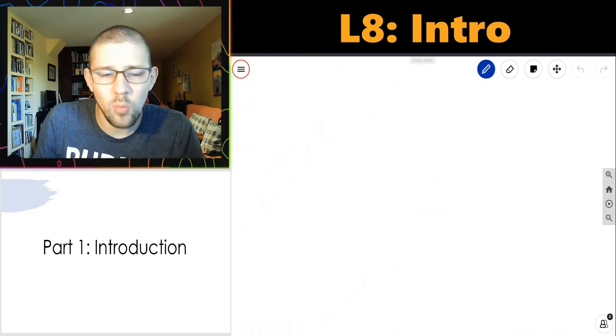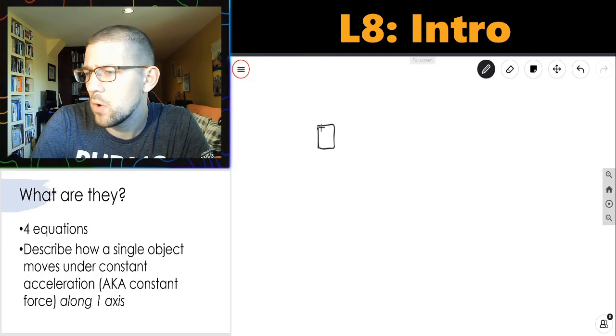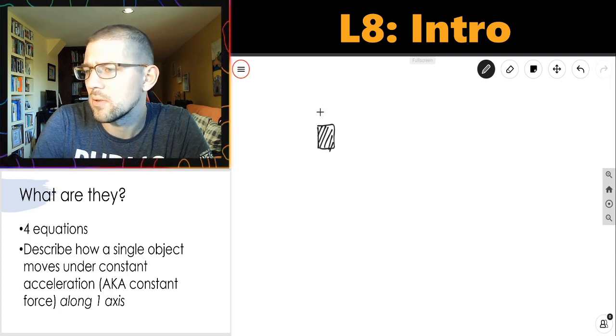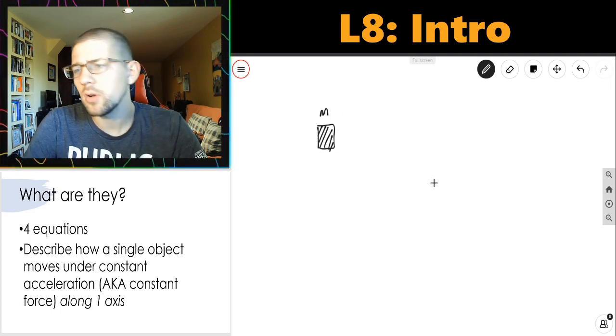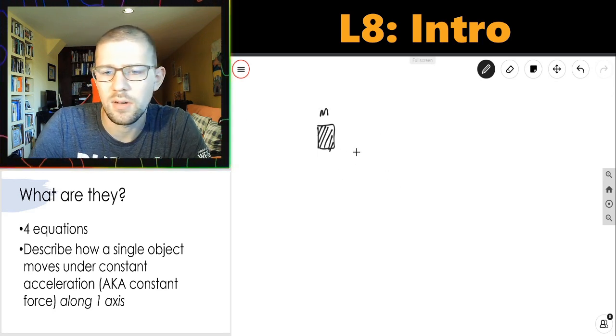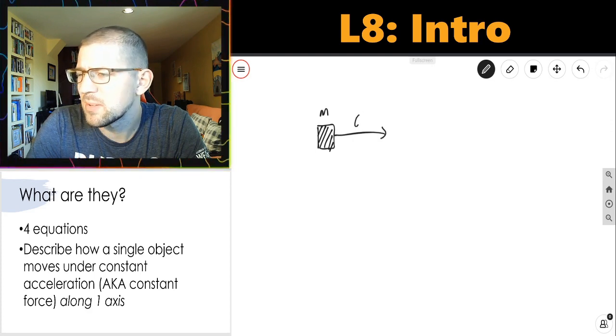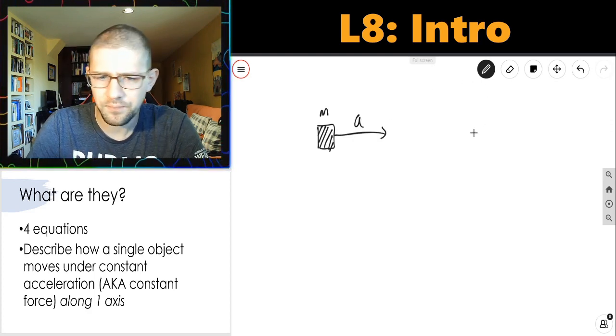Okay, introduction. What are these things? There are 4 equations that describe the motion of a point mass, so just some mass, under a constant acceleration, a constant force. So say I have some acceleration that this mass is undergoing.